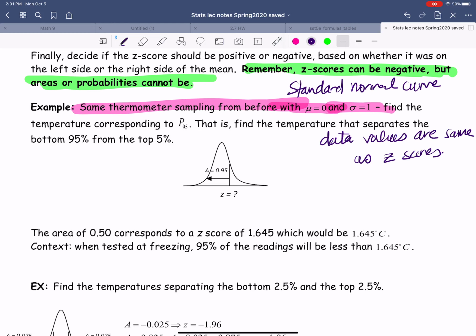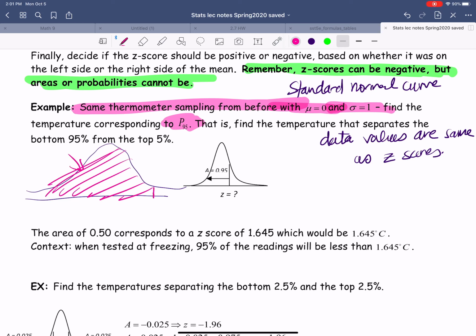Okay, find the temperature corresponding to P95. What does P95 mean? P95 is the 95th percentile. That means 95% of the area is to the left, which means there's a lot of area to the left.